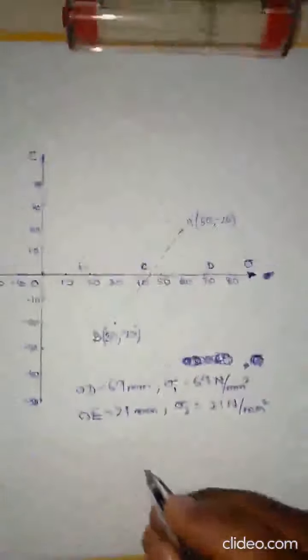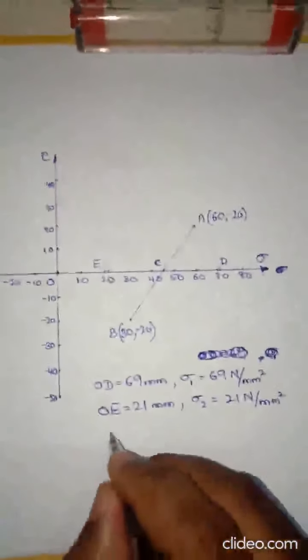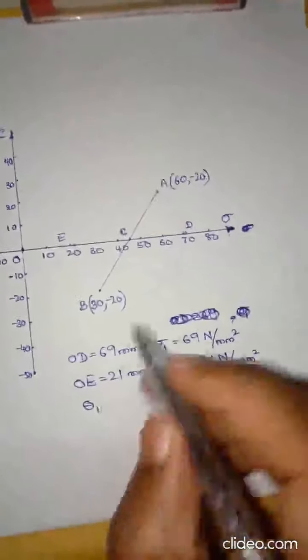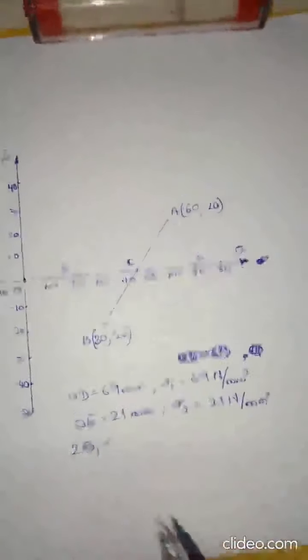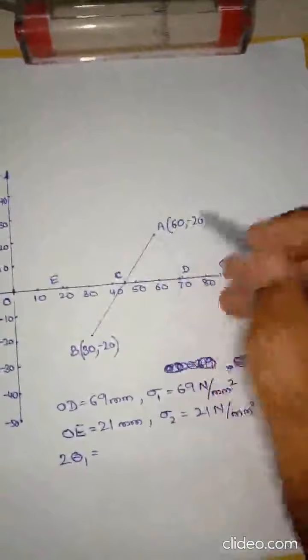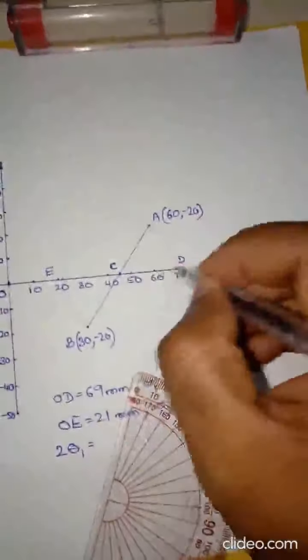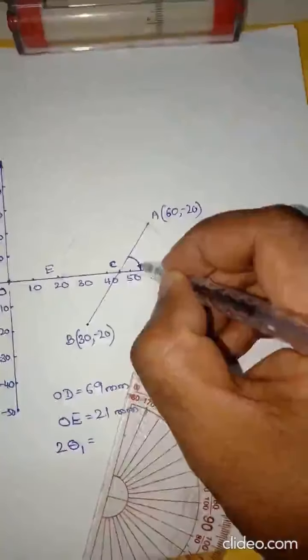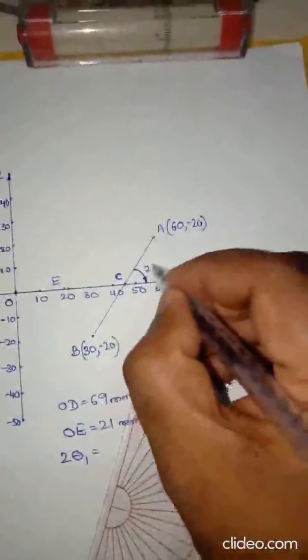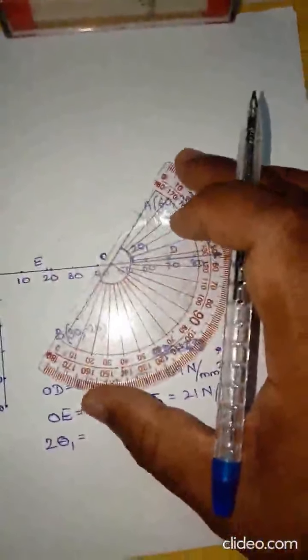Now the location of the principal stresses, that is theta 1. All angles in Mohr circle are measured as 2 theta. Since point A represents sigma x, from here we will measure. Here this is sigma 1, so we will measure the angle in the clockwise direction. So this is 2 theta 1. From this line we are going to measure the angle.